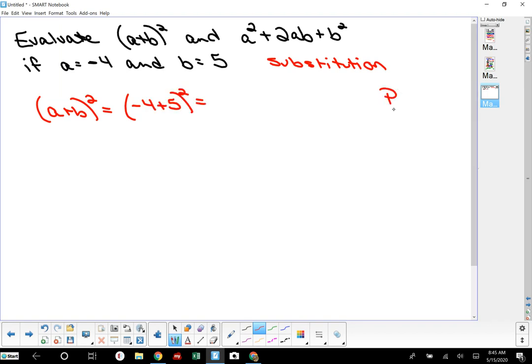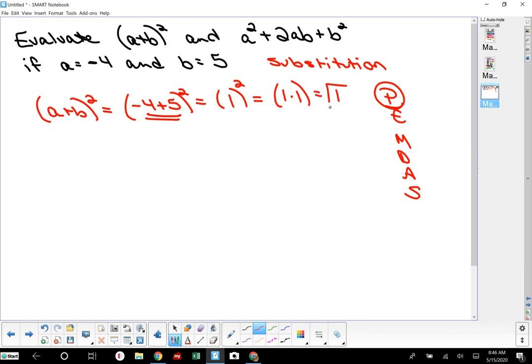So order of operation, please excuse my dear Aunt Sally. Parentheses happen first. Can you simplify inside the parentheses? Yes, you can. So -4 plus 5 is 1, and that 1 is then squared, which means 1 times 1, which equals 1. Okay, so that one's done.